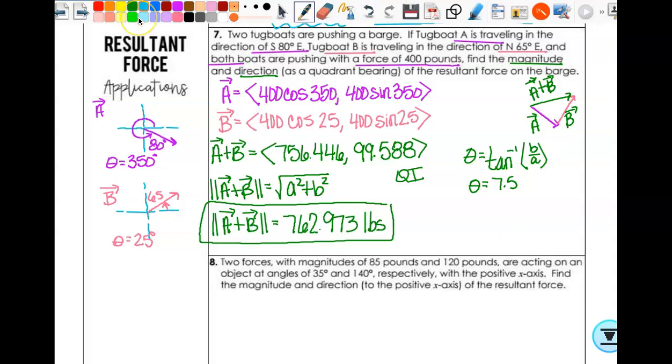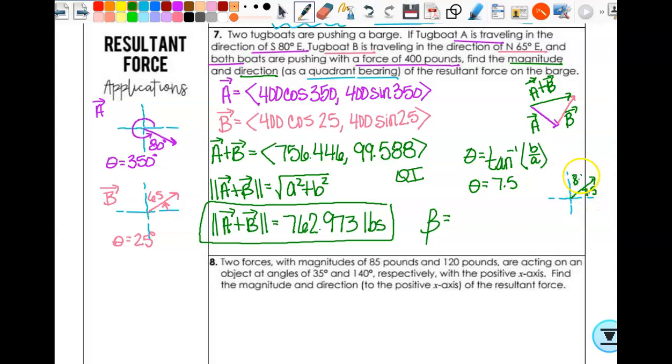Now I got to think about it as a quadrant bearing, like it says. So my 7.5 degree angle is about right here. So my bearing, it's going to be north something east, right? How do I figure out what that something is? Subtract this from what? 90.